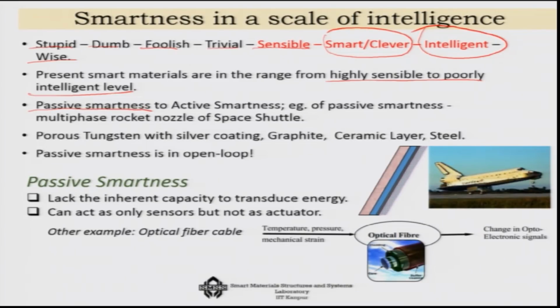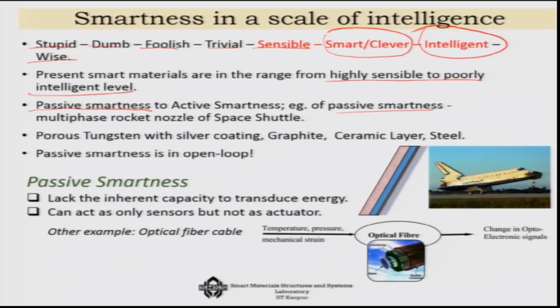By passive smartness, we mean that it has a limited capacity to deal with the change of environment, but that capacity is prejudged. You cannot really change that capacity as the environment suddenly changes. So, that is our passive smartness.